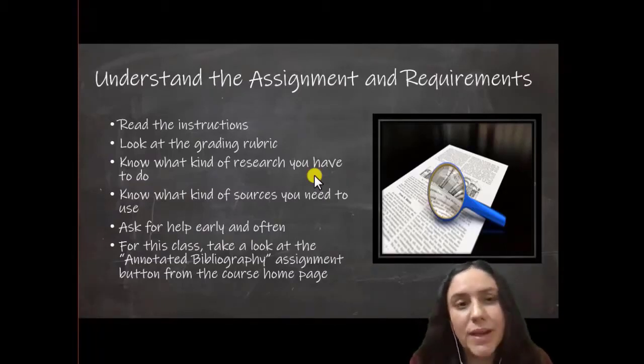We don't have to worry about creating a survey and exploring the results, finding people to interview, none of that stuff. All we're going to do is use the library's databases to find articles from newspapers, magazines, journals, peer-reviewed sources, electronic books, and information about books.